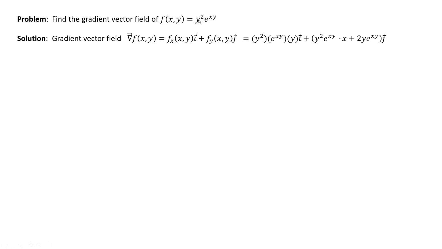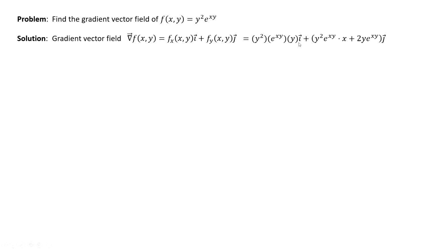So basically, I took the partial derivative of y square e to the xy with respect to x first to get the x component. So y square is a constant, e to the xy. Differentiate that partially with respect to x. So you get e to the xy times the derivative of xy with respect to x, which would be just y, right? Y is a constant. The derivative of x is 1.